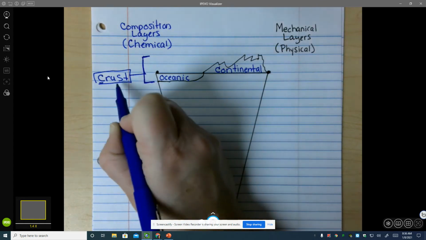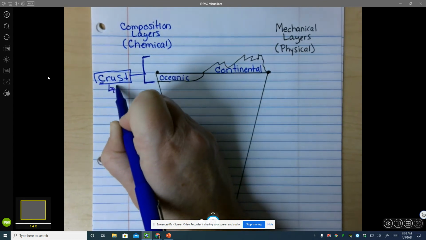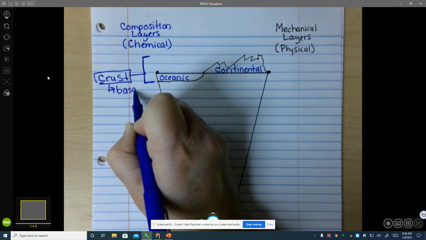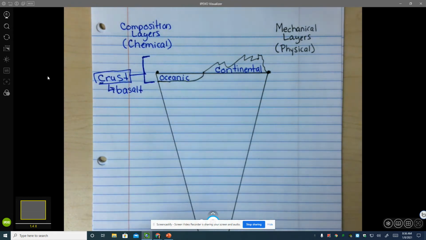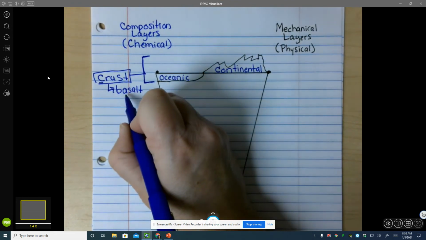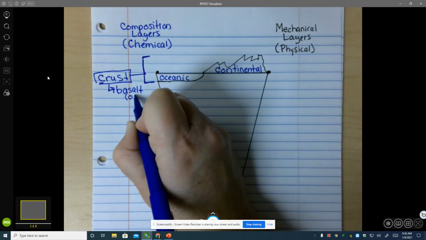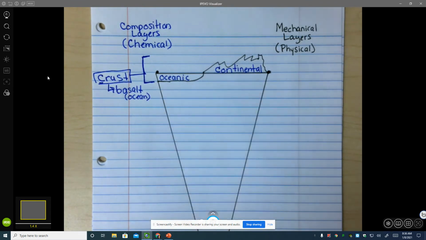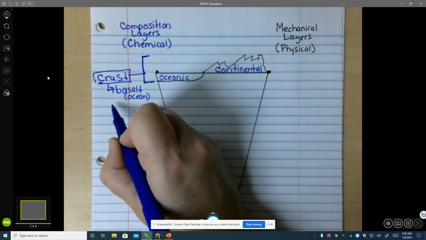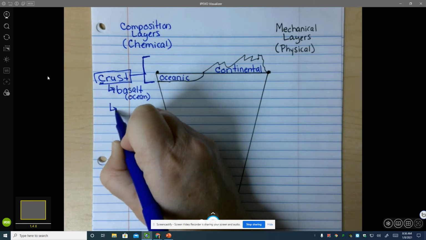The oceanic crust is made of basalt. So let's write basalt, B-A-S-A-L-T, and that is mainly going to be ocean, okay? You can put that in parentheses to remind you that's the other makeup of the crust.